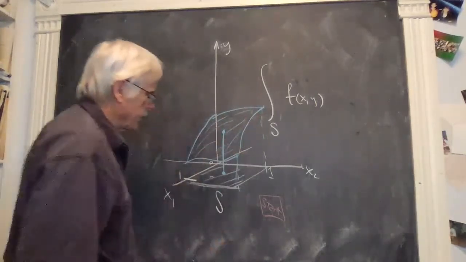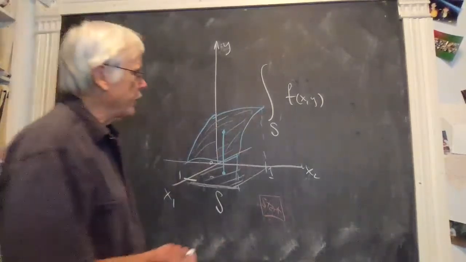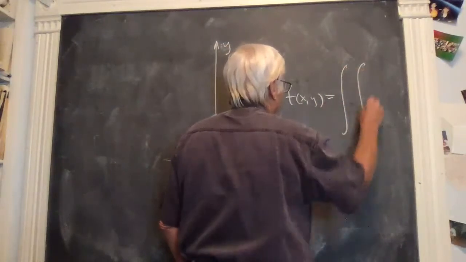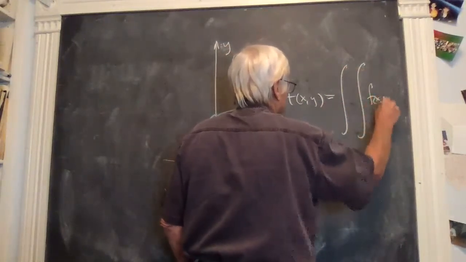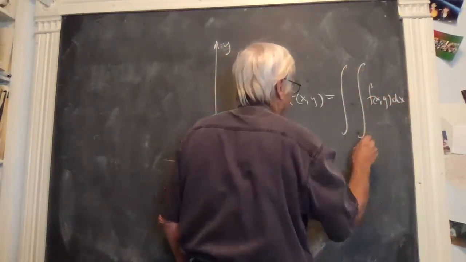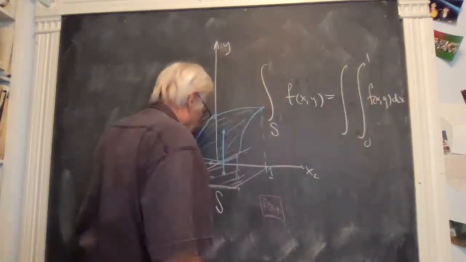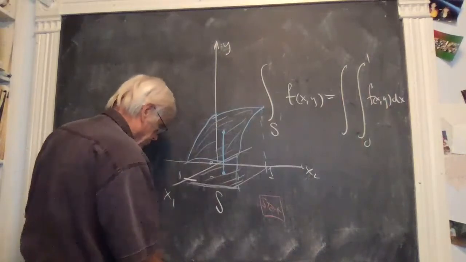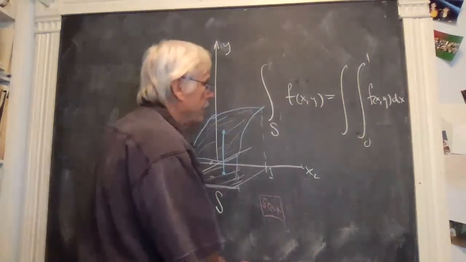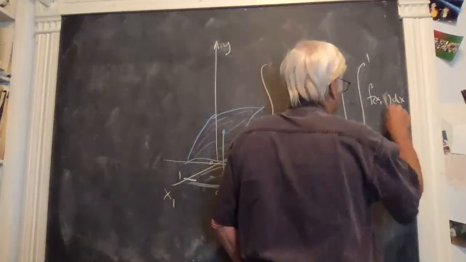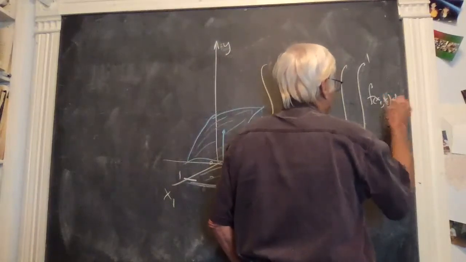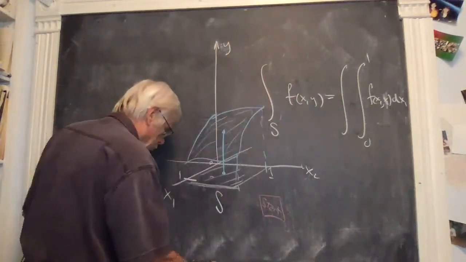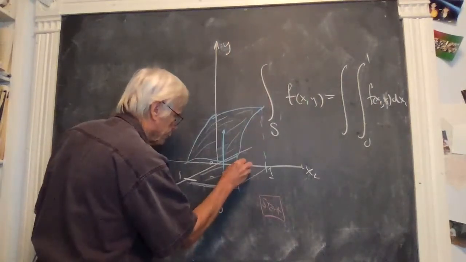It's not exactly a computational process at this point, but you can think of this in the following way. We'll take a fixed y value, or in this case, I guess I used x1, x2. We'll take a fixed x2 value, say here.